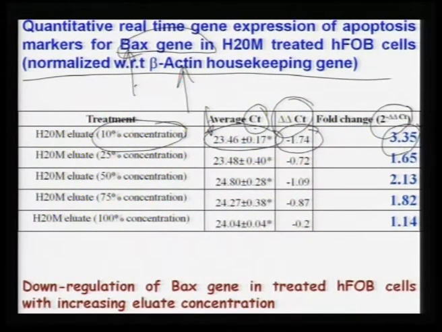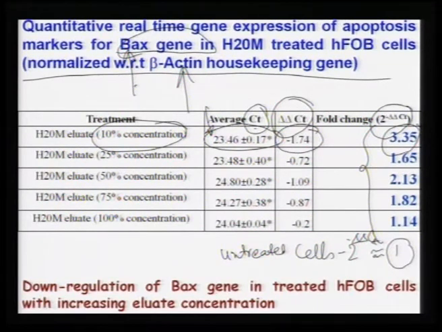Now, the question that should come to your mind is what is the significance of these values? Typically, for your control or untreated cells, this 2 to the power minus delta CT is taken as 1. That means delta CT values are 0. Why is it 0?